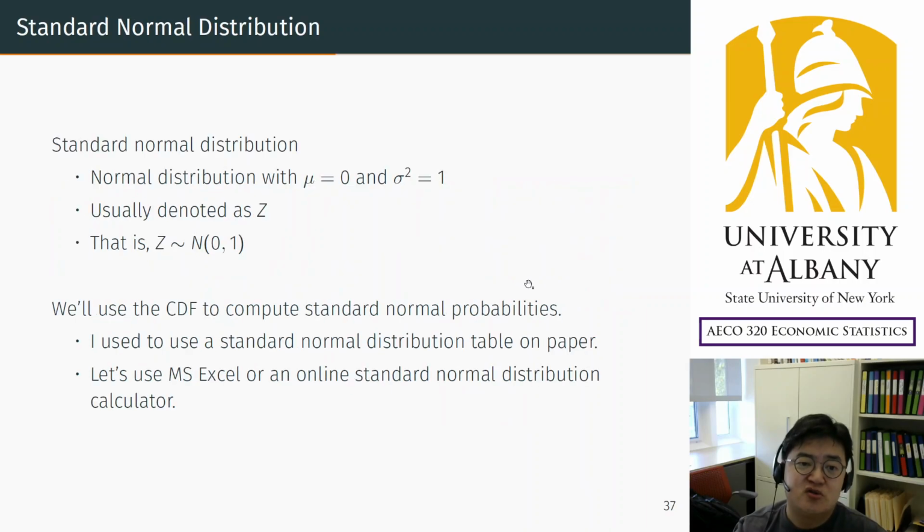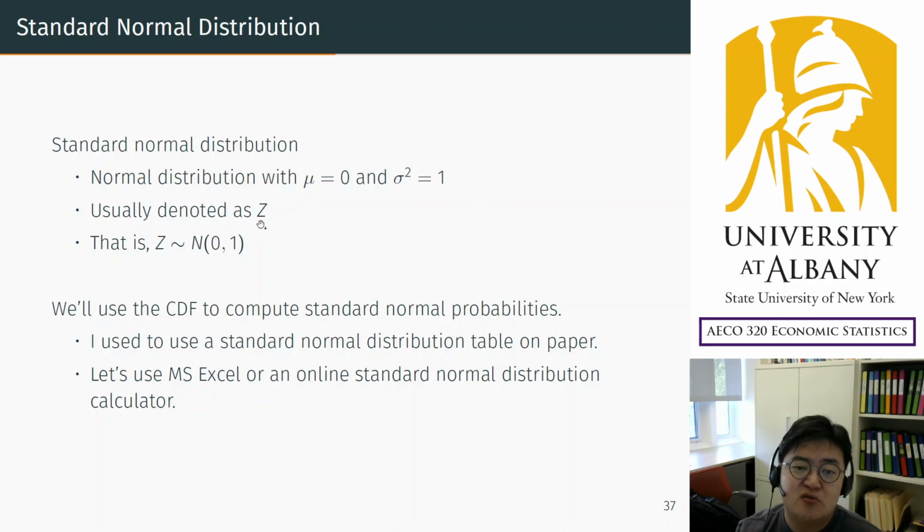So what we are going to do is, first, start from the standard normal distribution. That is the normal distribution with mean 0 and variance 1, so the standard deviation is also 1. This is a special case of the normal distribution, and we will call it the standard normal distribution.